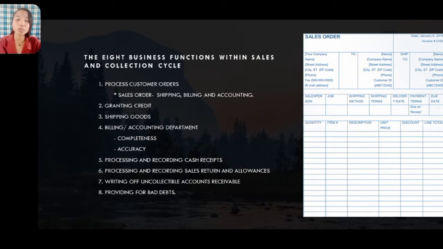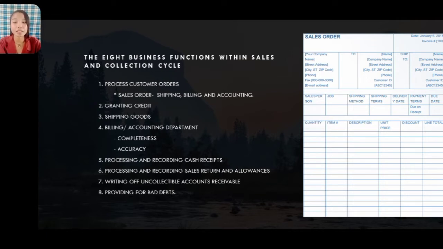Now let's move on to the seventh step, which is writing off uncollectible accounts receivable. Actually, write-off is based on the company's guidelines. The last part is providing for bad debts.